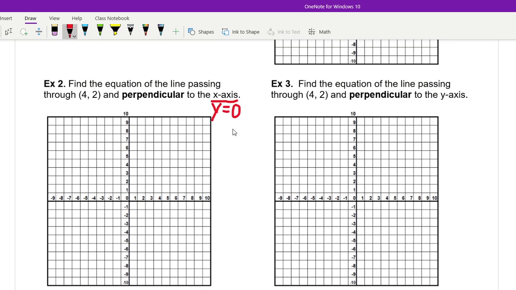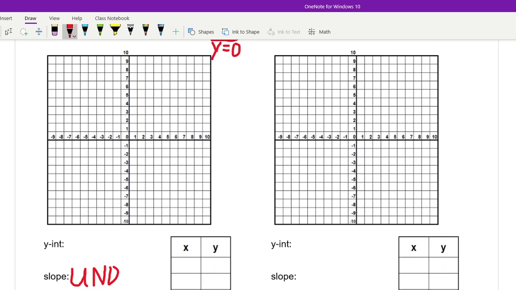The opposite of a horizontal line, our x-axis, would be a vertical line. Our example would be our y-axis. So that means that our equation is going to be x equals.